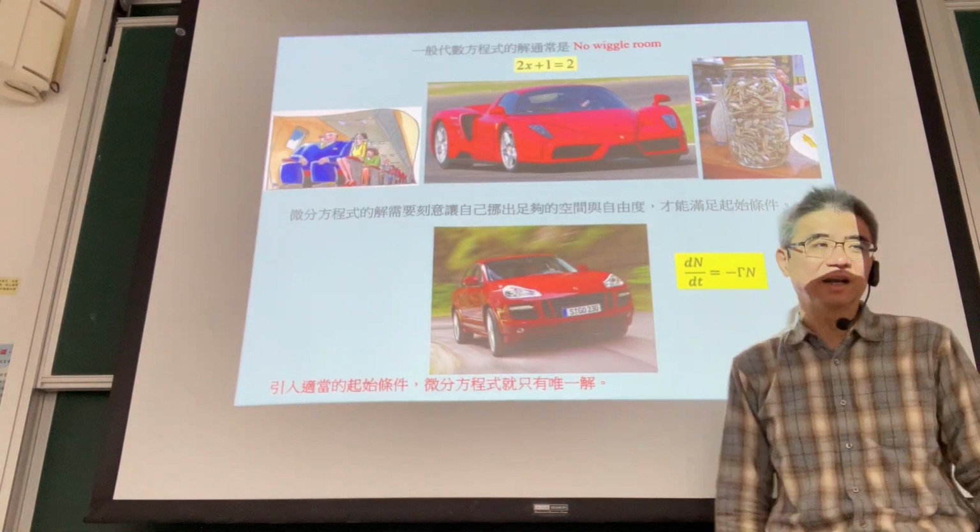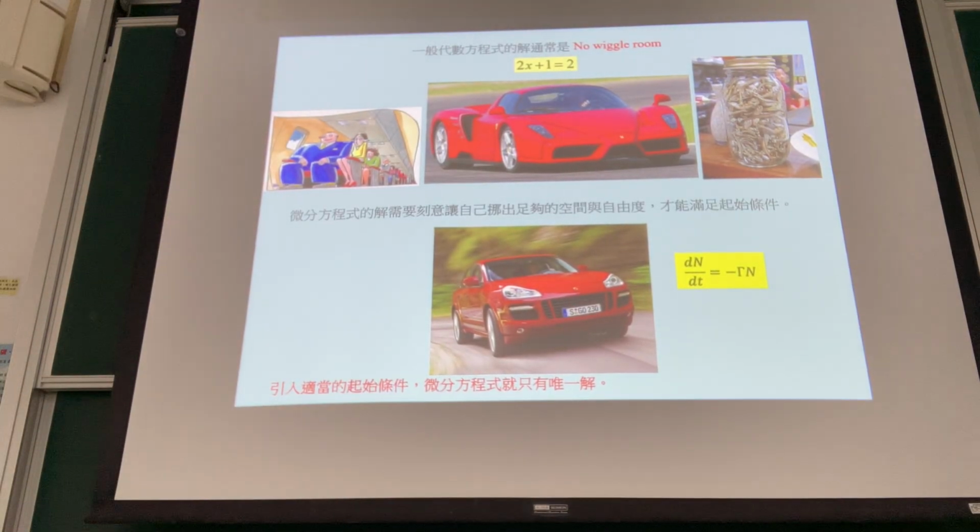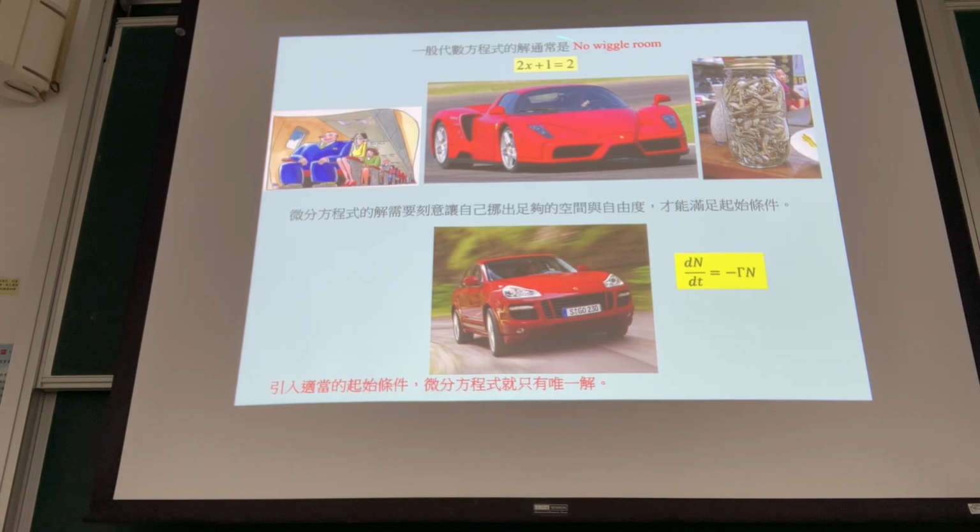The world is like a machine, and the key to the whole argument is that for an ordinary algebraic equation, there is no ambiguity. I call it no wiggle room. 你没有什么好啰嗦的，没有 ambiguity. 2x plus 1 equal to 2. X can only be 1/2. What else? But in equation of motion, for differential equation, it has to be different.